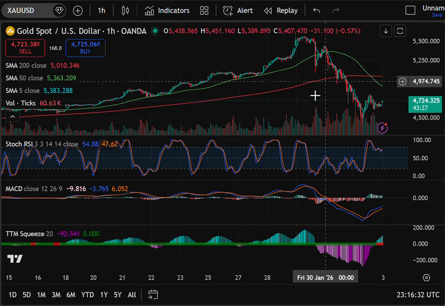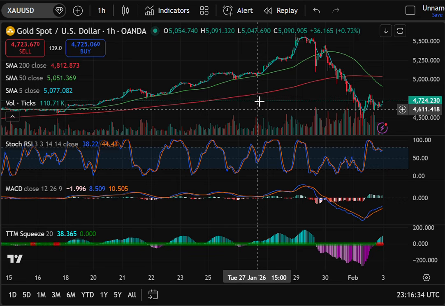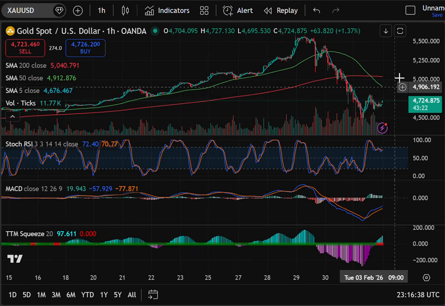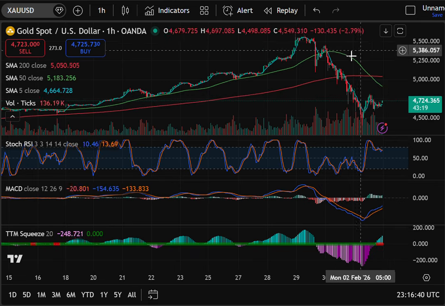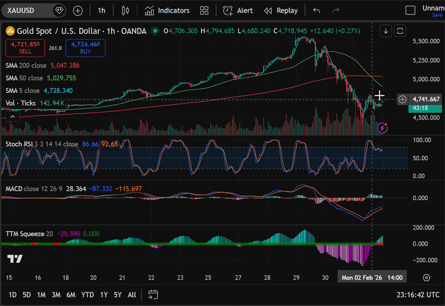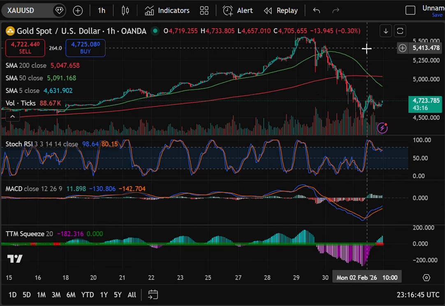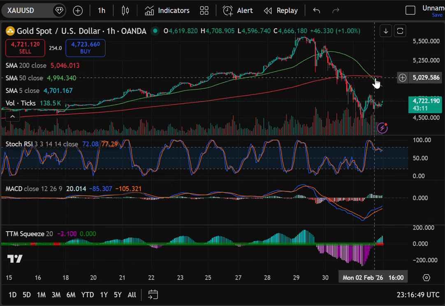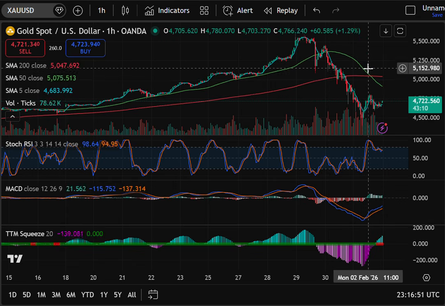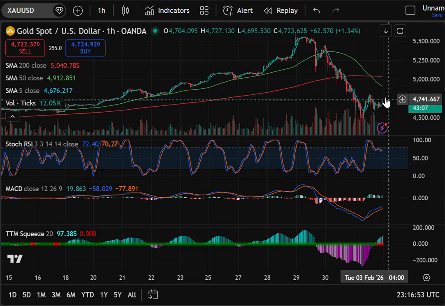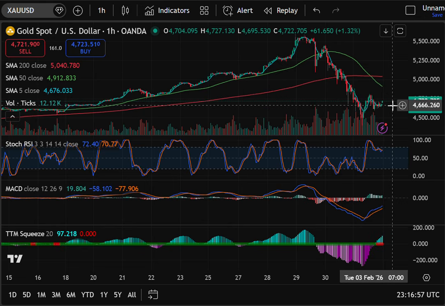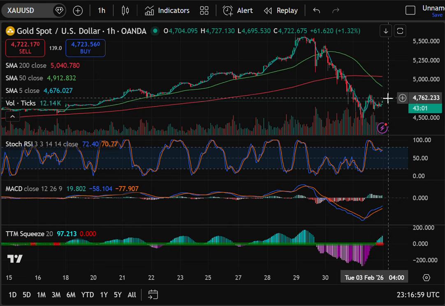Now, let's analyze the chart even further. There are several terminologies that you need to be aware of, and I would have to actually do separate sessions on each. But for instance, when a 50-hour moving average line crosses below the 200-hour moving average line, that's a bearish indication.